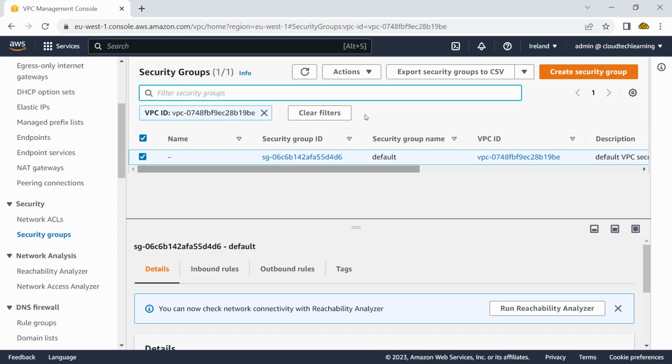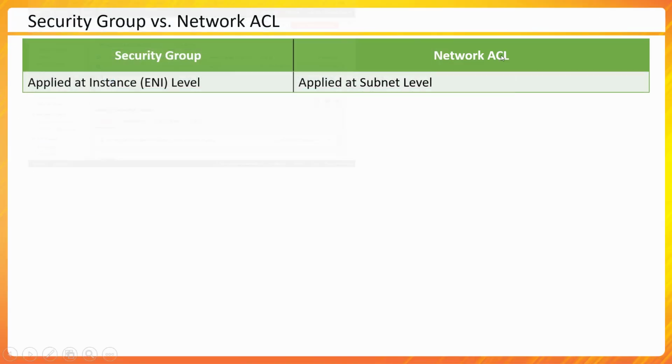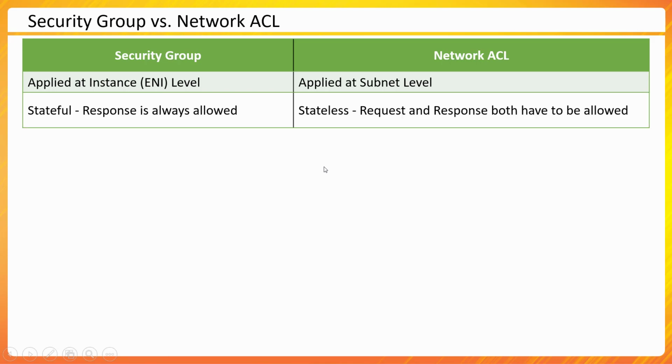But we have to think about one more concept here that is called stateful and stateless. Security groups are referred to as a stateful mechanism. I'll explain that through an example in a minute. That means response is always allowed. So let's say this is a security group. Maybe you created here a rule which says outbound access. By the way, both types of rules can be created, inbound and outbound.